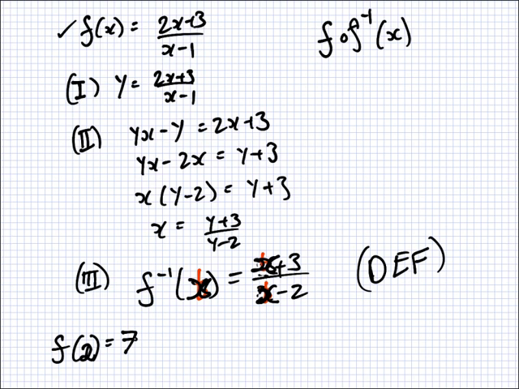Right, let's calculate f inverse of 7. 7 plus 3 is 10, over 7 minus 2 is 5. 10 over 5 is 2. See? 2 goes to 7, and 7 goes back to 2. Nice.